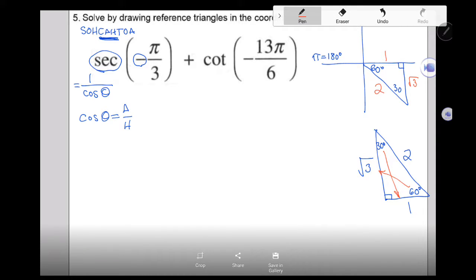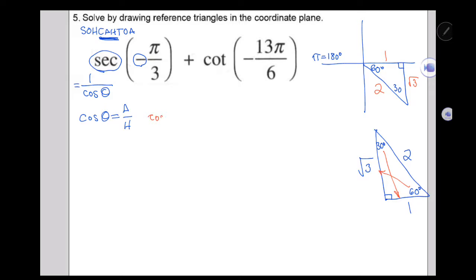So we said we were going to use the cosine of theta of this angle. Turns out theta is 60 degrees. It's easier to say 60 than negative pi over 3, right? So the cosine of that 60 is the adjacent over the hypotenuse. What's adjacent to 60?